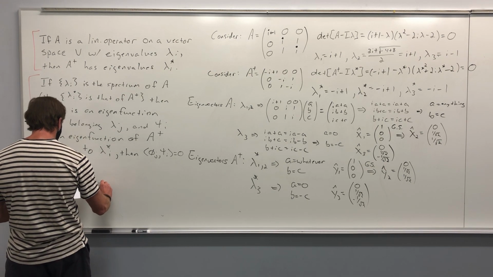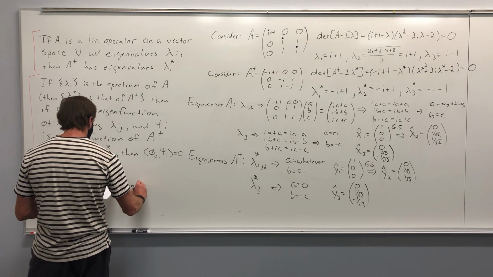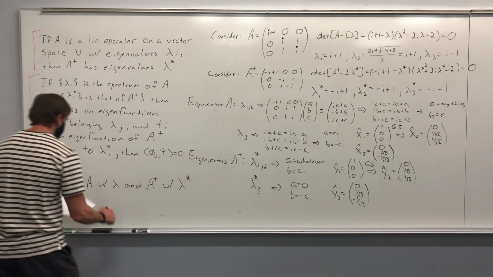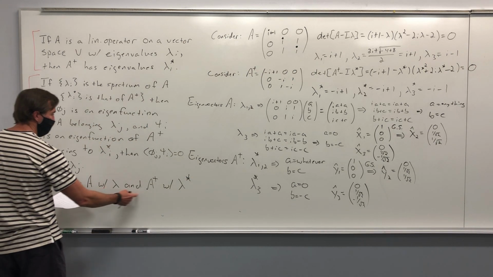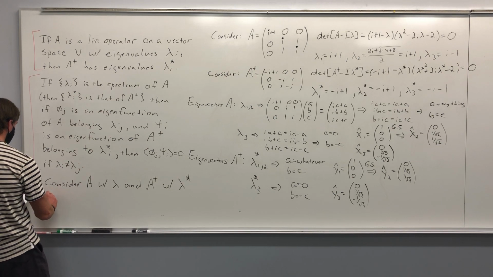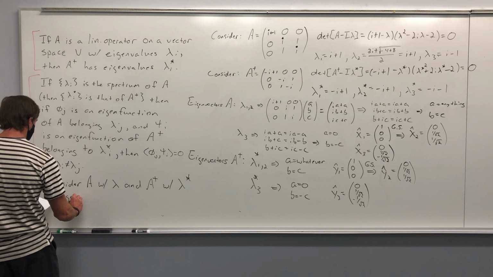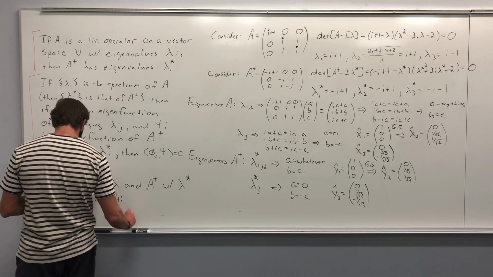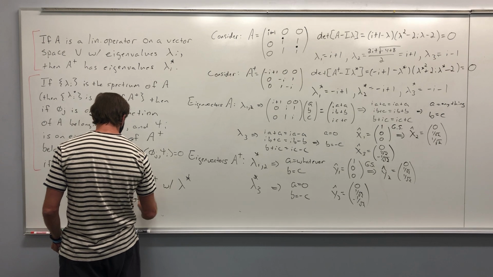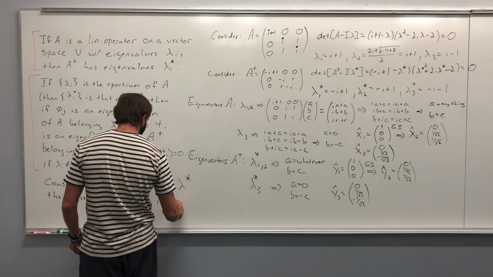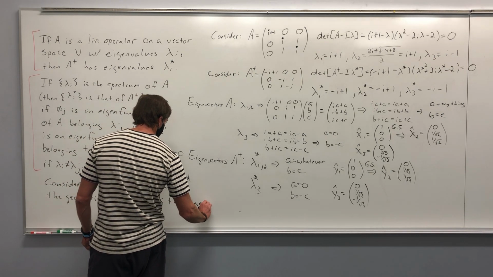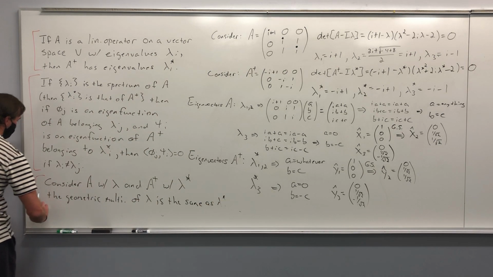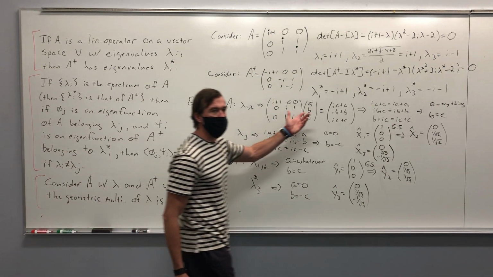If I consider A with lambda and A dagger with lambda star, that's the matrix and the eigenvalues, the geometric multiplicity of lambda is the same as lambda star. And that obviously is reflected in this example.